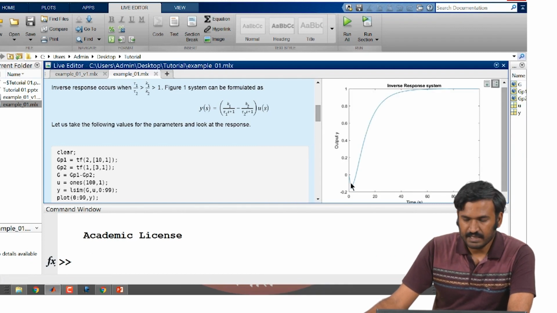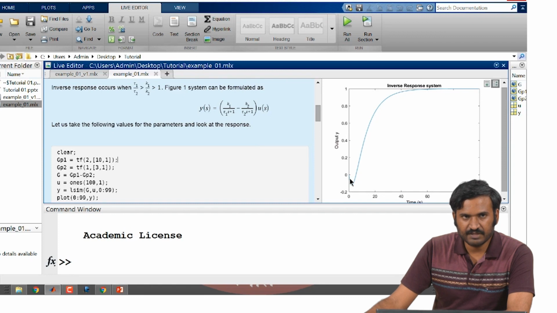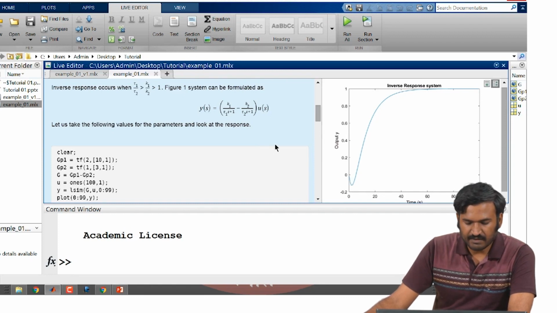As you can see, we have given a step input of unit magnitude. So, the final value also has to be close to 1 or in the positive direction, but the initial response goes in the negative direction first and finally settles to a positive 1, which is expected.